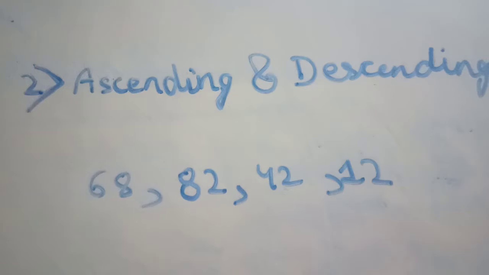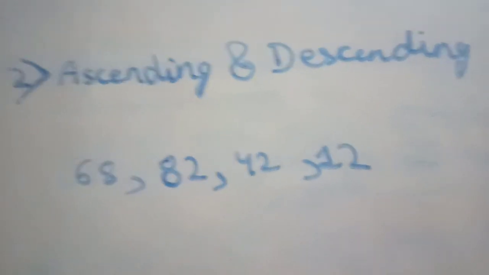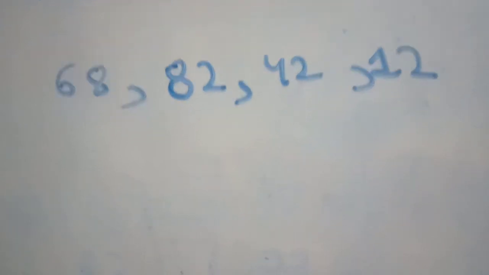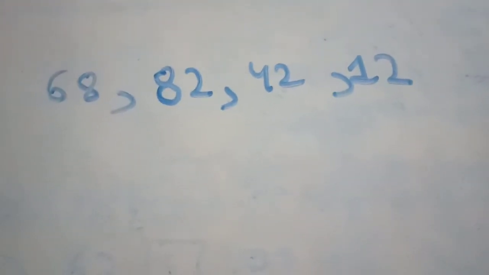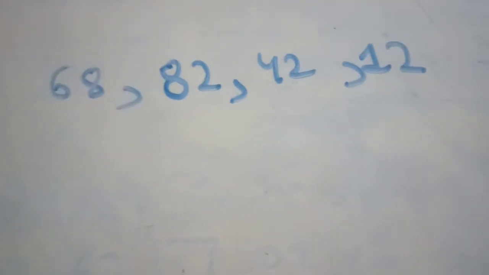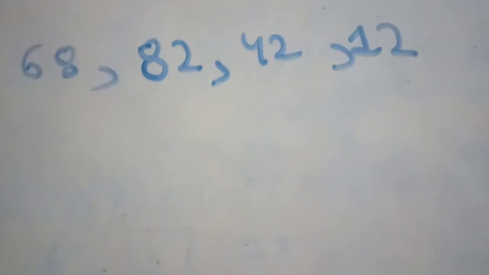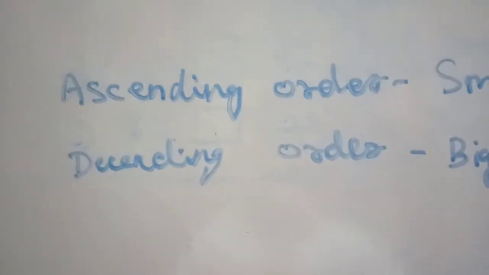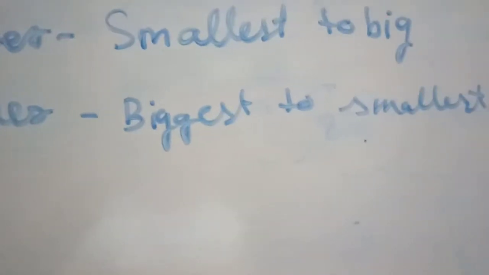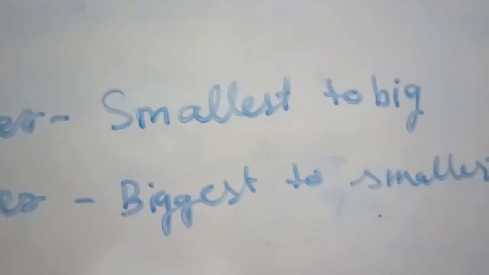So friends, now we are starting with the second concept, ascending and descending order. Here we have some mixed numbers. How will we keep them in series from bottom to top? First we will take ascending order. In ascending order we have smallest to biggest, like 1, 2, 3, 4 and 5.